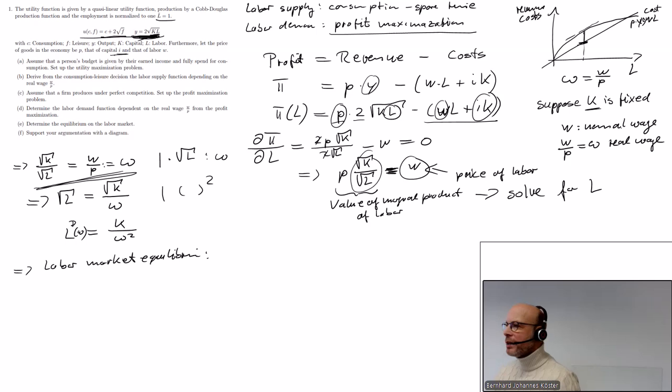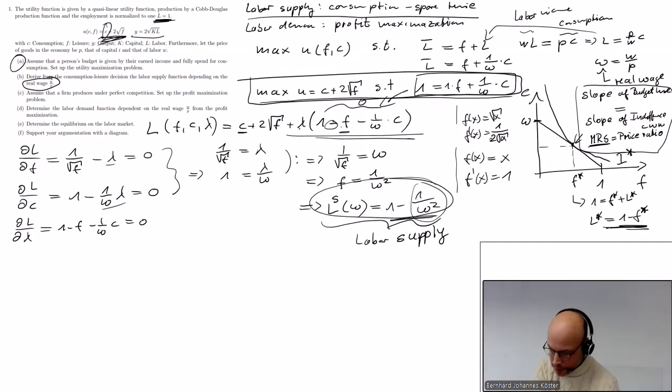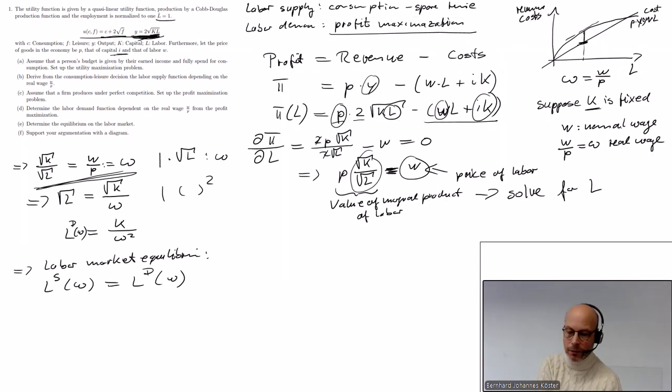For the overall equilibrium, what do we always have to do? We obtain market equilibrium when demand equals supply. So Ls of omega equals Ld of omega, and labor supply, 1 minus 1 over omega, equals K over omega squared.